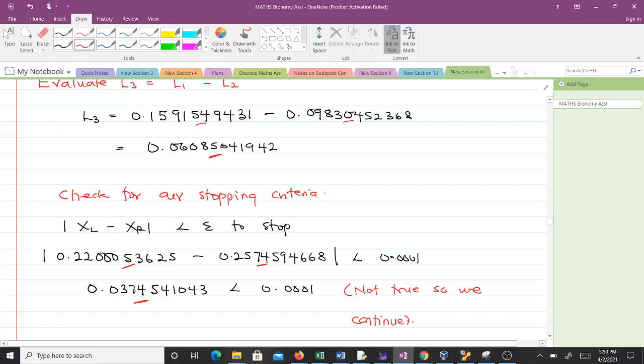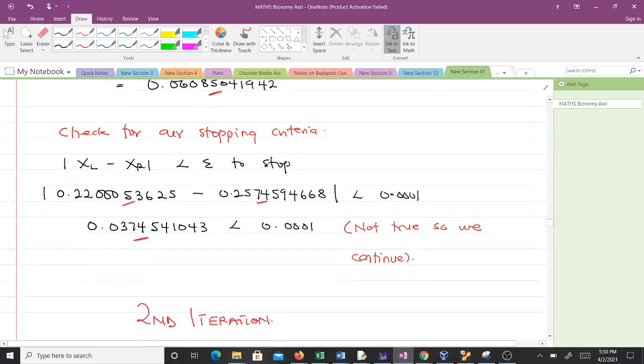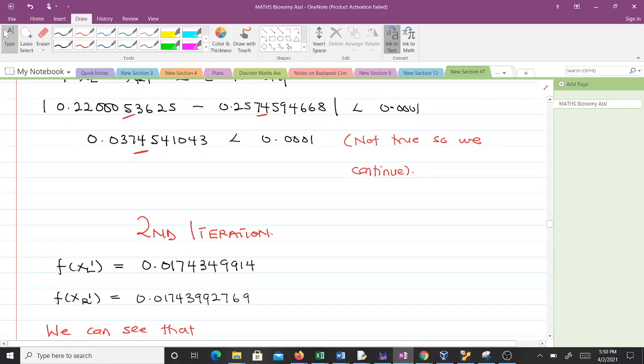Okay, so we go on to the second iteration. For the second iteration, we have to choose a new set of points, but we can only do that based on the functional values we had for xl and xr at the first iteration. That of xl at the first iteration was this, and that of xr at the first iteration was that.